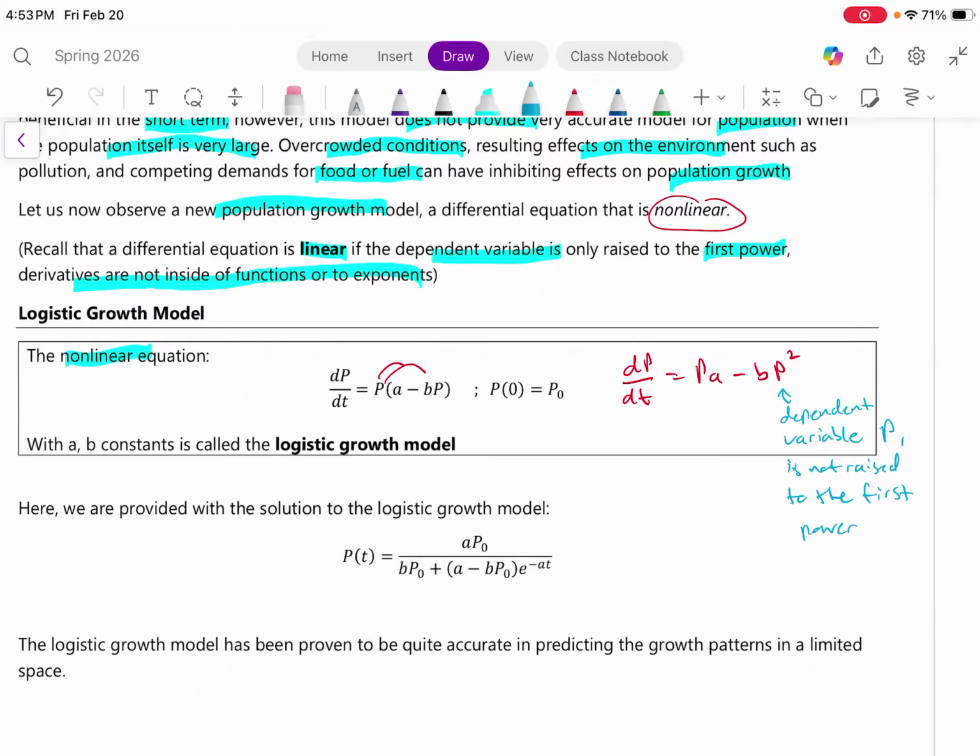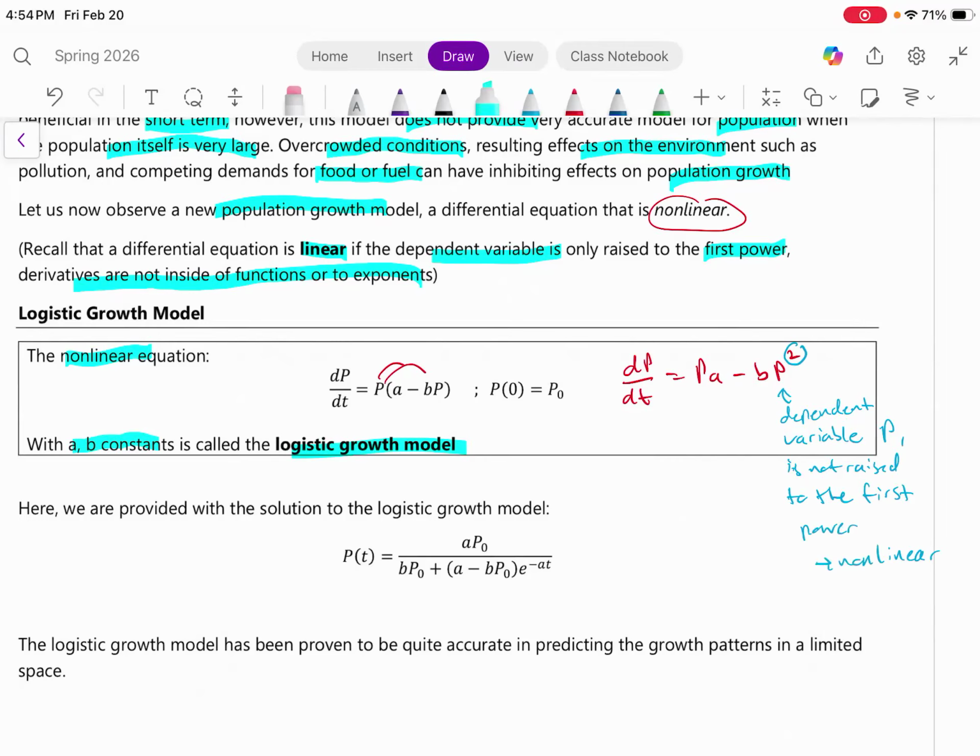It's raised to the second power. Our dependent variable is P, our independent variable is t. So in this logistic growth model, a and b are constants, and this is our setup.